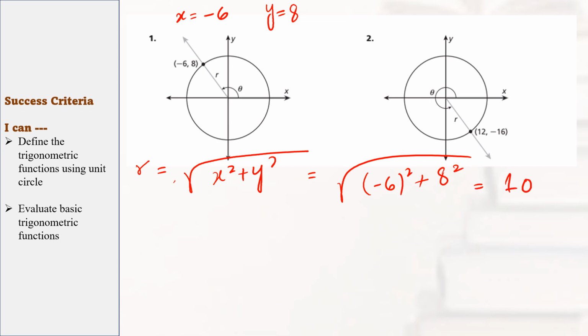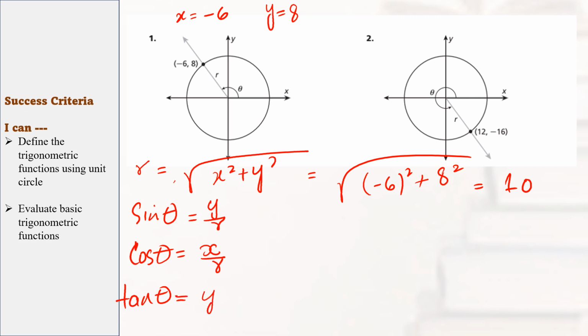The answer is 10. Now we will label sine theta, cos theta and tangent theta. The formula of sine theta is y over r. The formula for cos theta is x over r. And the formula for tangent theta is y over x.